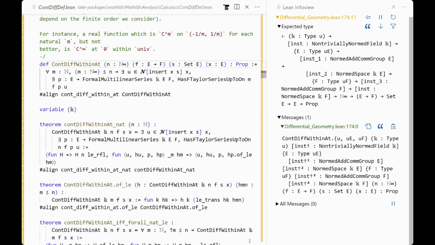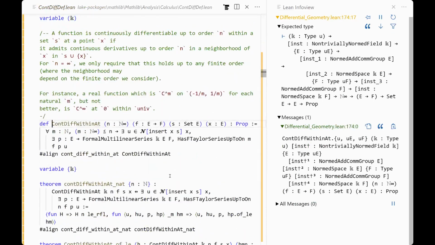At this point we're just talking about functions between vector spaces. It is continuously differentiable at a point within a given set, and that is baked into the definition of smoothness right from the start. And that allows us to very conveniently talk about these manifolds even with points on the boundary.